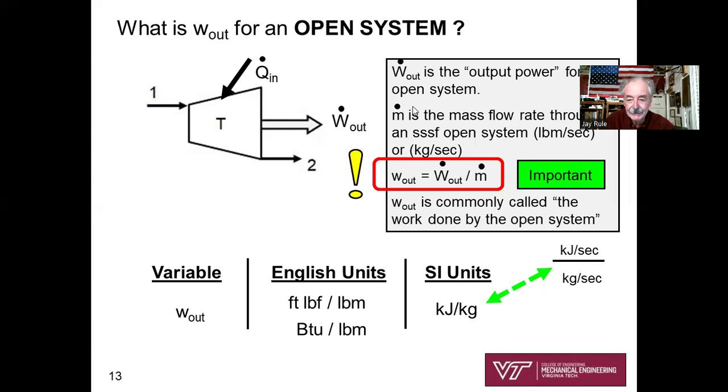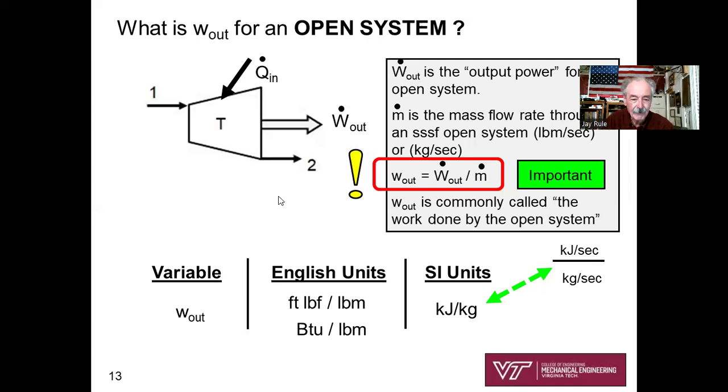M dot is going to have units of pounds mass per second in English, or kilograms per second in SI. So that's a big difference between W dot, power, and work, just capital W.